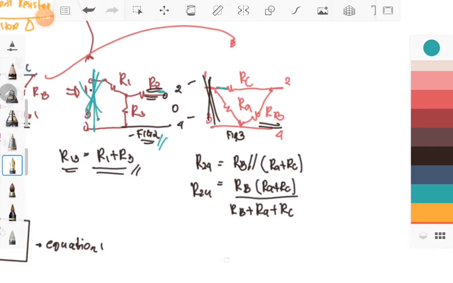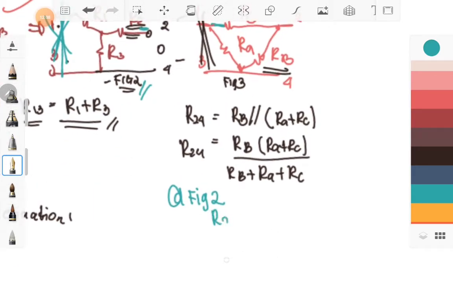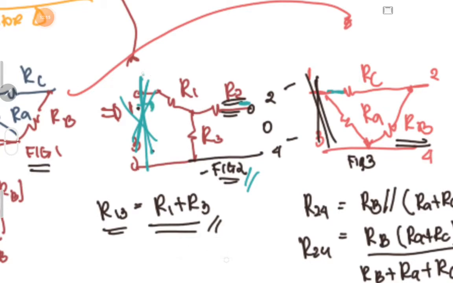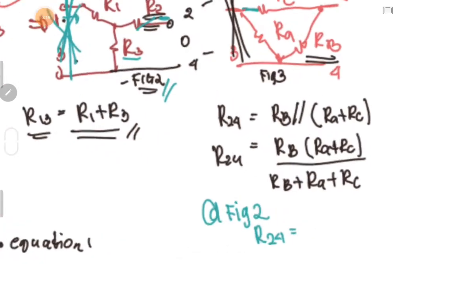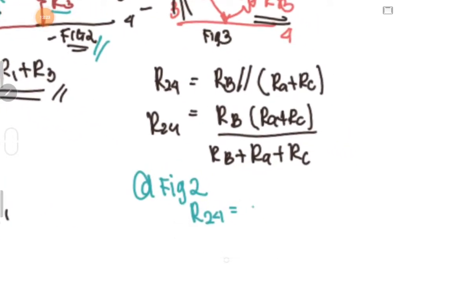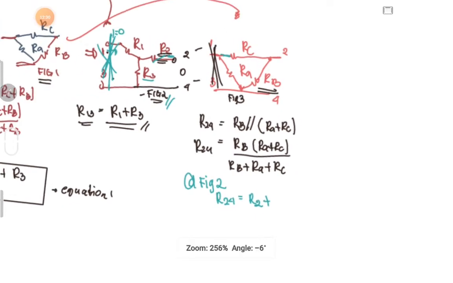So therefore at R24, at figure 2, my R24 is just equal to, so since walang load, walang current na pumapasok dito, I is equal to 0, therefore your R1 and R3 are just in series. So we have R24 is equal to R2 plus my R3, right?